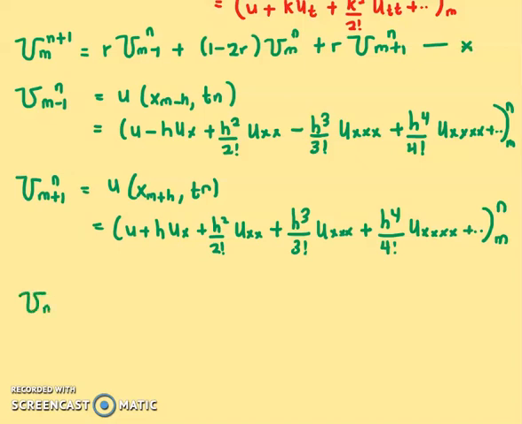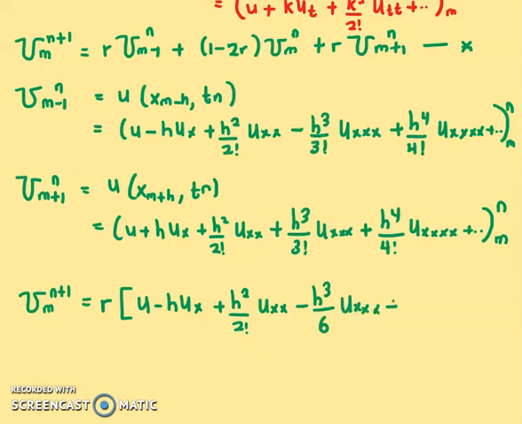You have u_m^(n+1) given by r multiplied by this term: u minus h u_x plus h squared over 2 factorial u_xx minus h cubed over 3 factorial, which is 6, plus h to the 4 over 4 factorial, which is 24, plus 1 minus 2r times u, which remains the same, plus r times u_(m+1)^n.